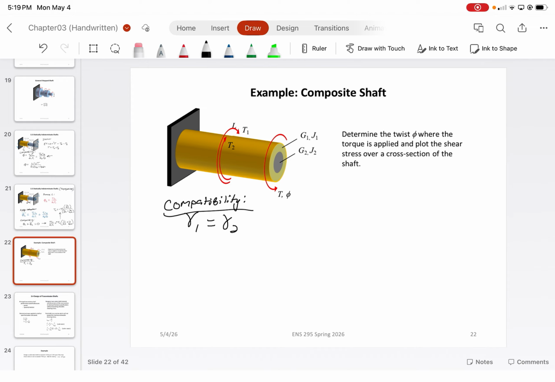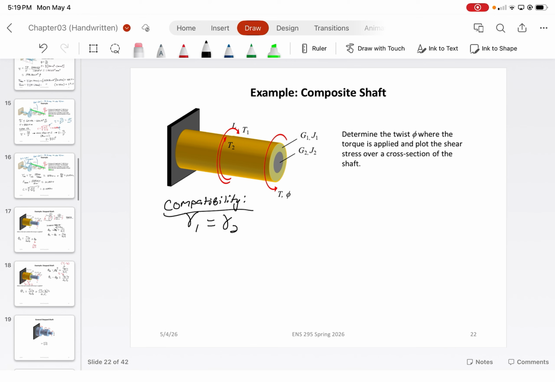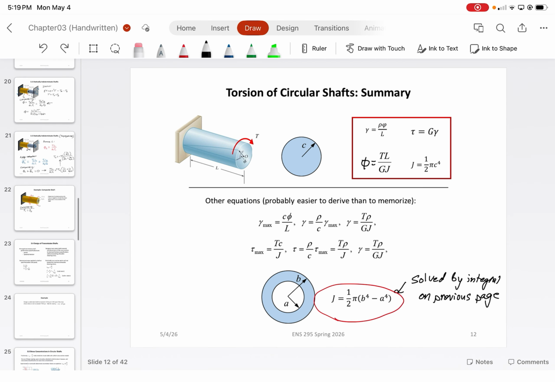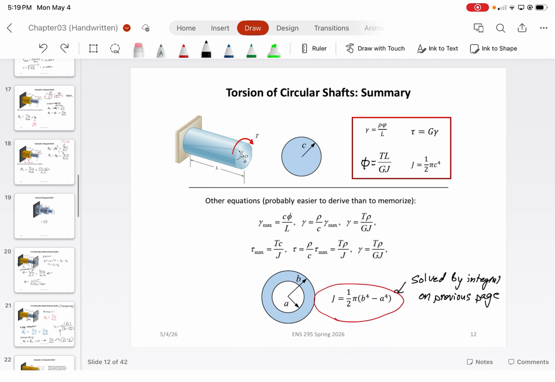All right. In the case of this rod here, if we recall, the shear strain is equal to C times phi divided by L. All right, but we need another expression for it. So I'm going to use this one here: T times the radius divided by GJ.